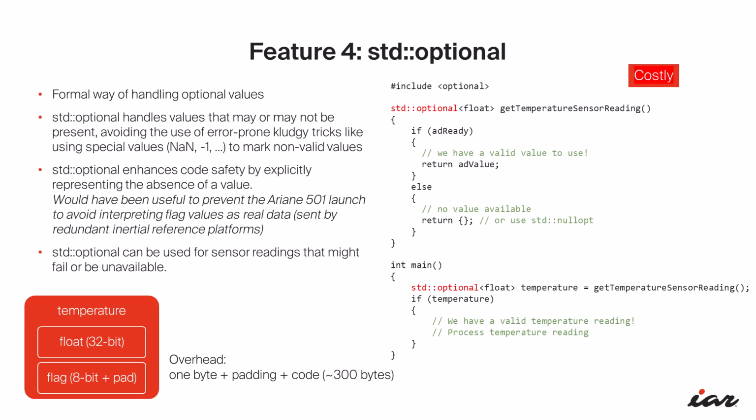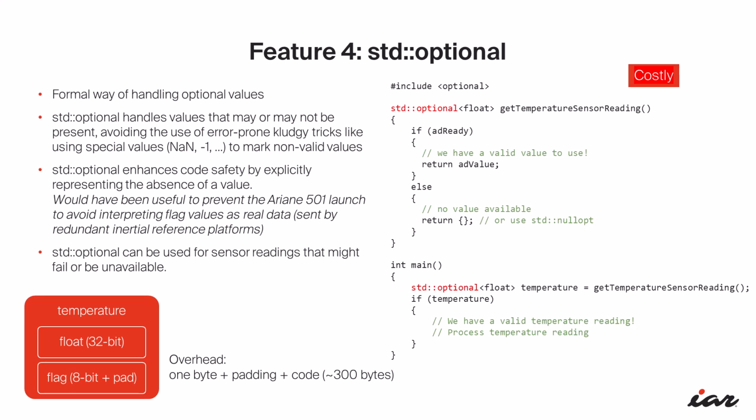This is not free because it generates code. It's a bit costly. I did an experiment with defining a temperature as outlined in this function. And then the internal representation is that it creates the float as expected, but it also creates a flag value and then some padding.